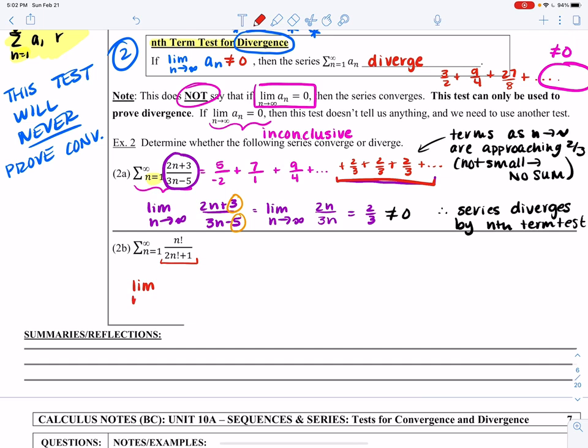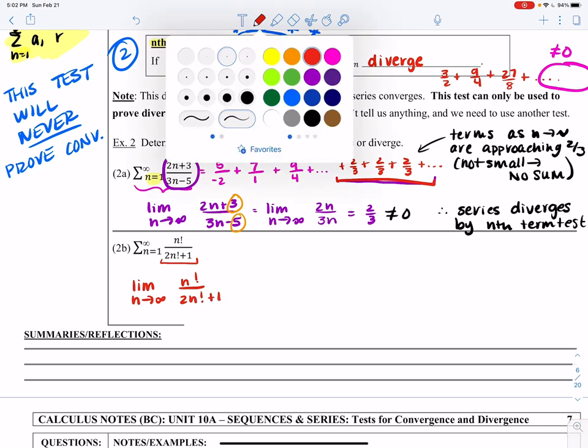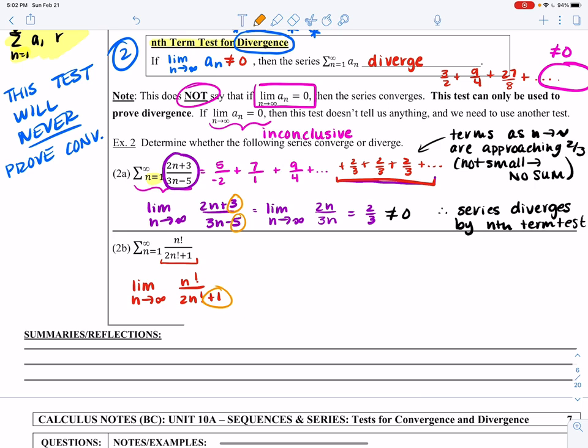And we're going to take the limit as n approaches infinity. Important to note that this 2 is not within the factorial. So I have n factorial over 2n factorial plus 1. As we go out towards infinity, this plus 1 isn't really doing anything. So that means that this is now equivalent to the limit as n approaches infinity of n factorial over 2 times n factorial.